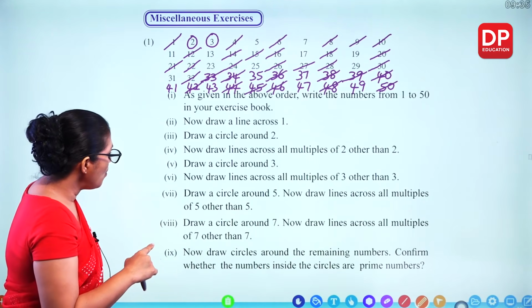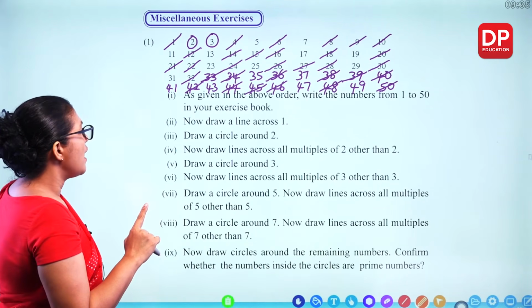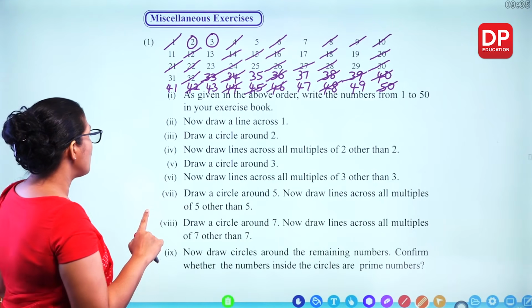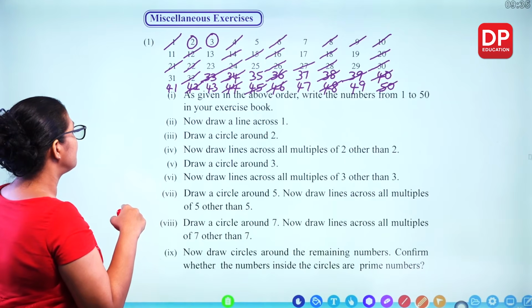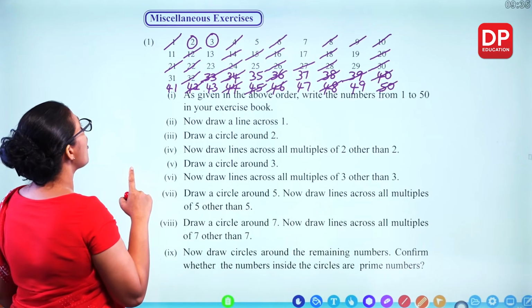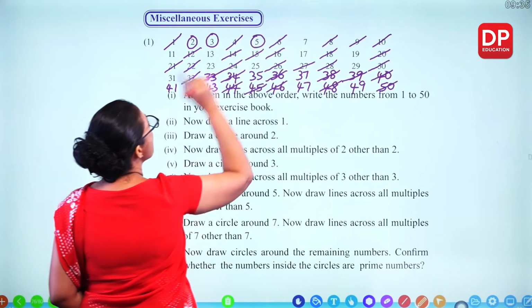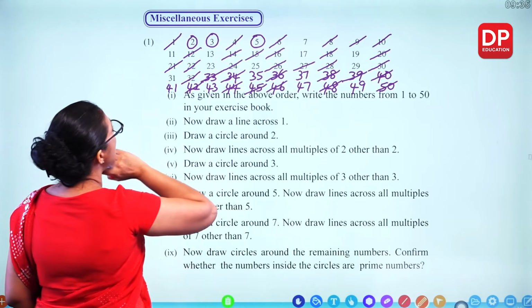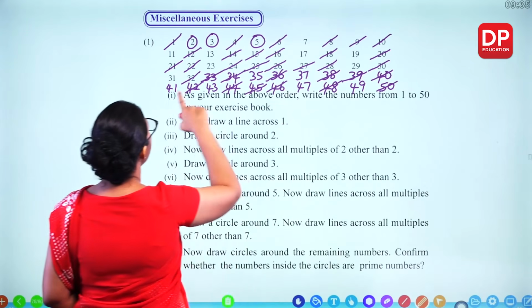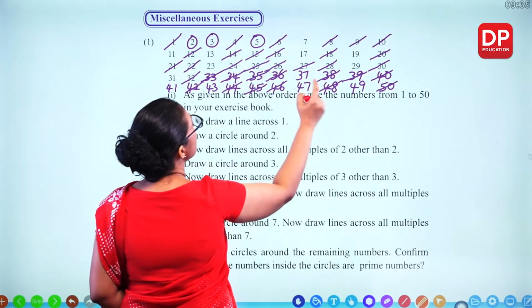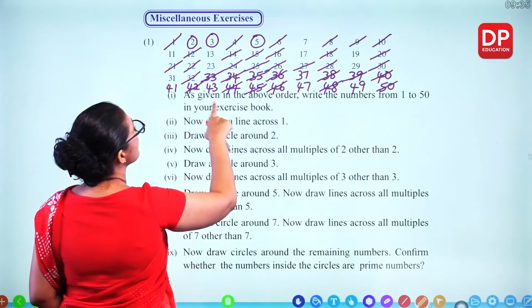Yes. Now draw lines across all multiples of 5 other than 5. Draw a circle around 5. Cross out all multiples of 5. 25, 35.